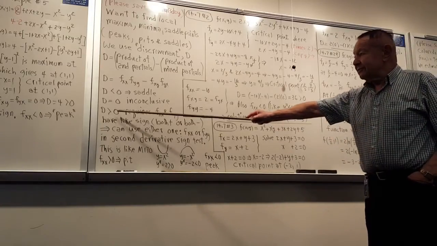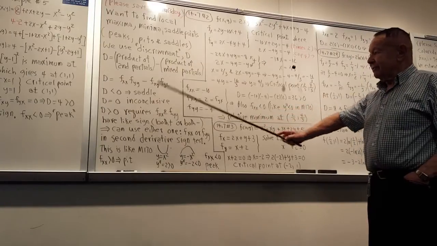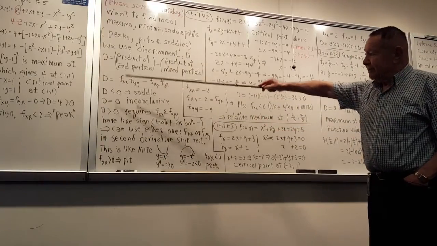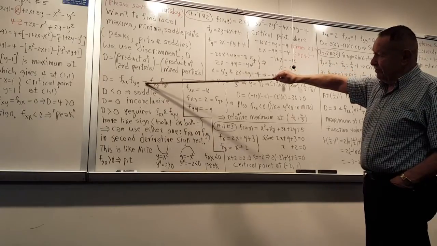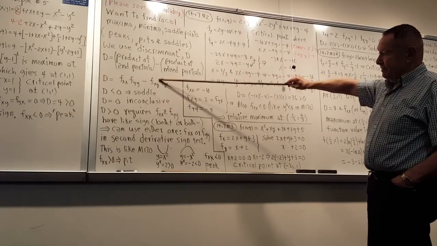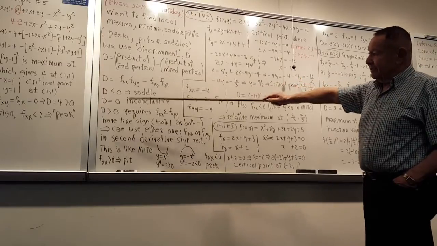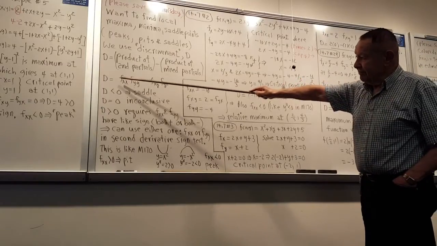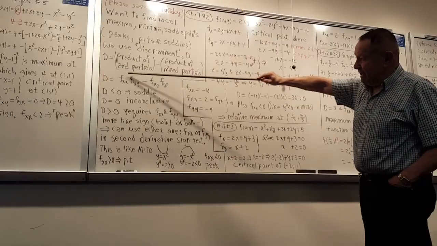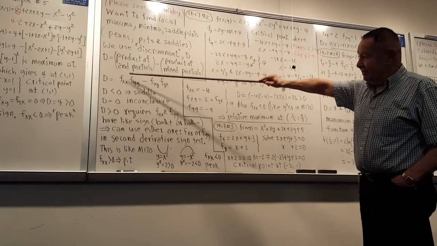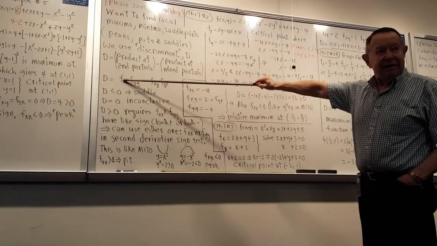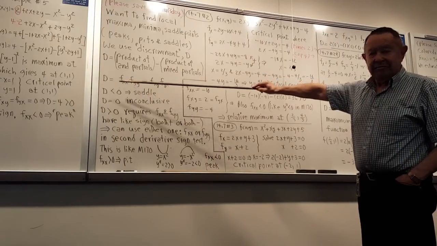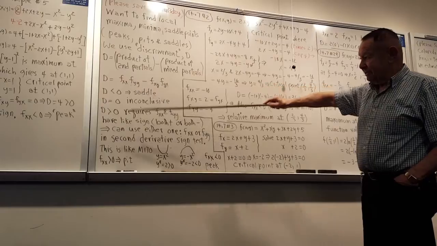And finally, if your discriminant is positive, then since this is always something you're taking away here, the only way the discriminant can be positive is when these match in sign. These would both have to be negative, so minus times minus is plus, or they'd both have to be positive.